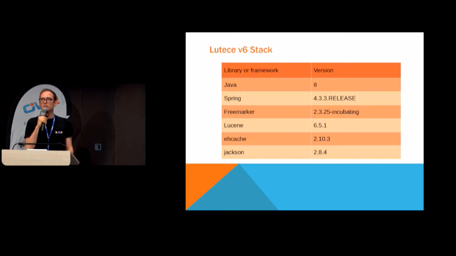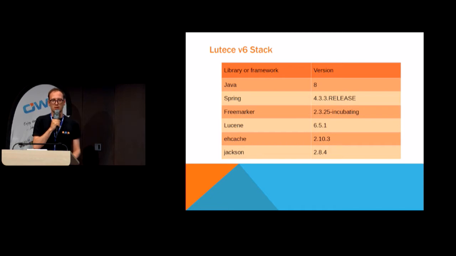Okay, so now that we've seen what Lutece is, let's talk a bit about version 6 and the highlights. Lutece version 6 will require Java 8. This will help us get more and more of the strengths of Java, and less of the disadvantages.